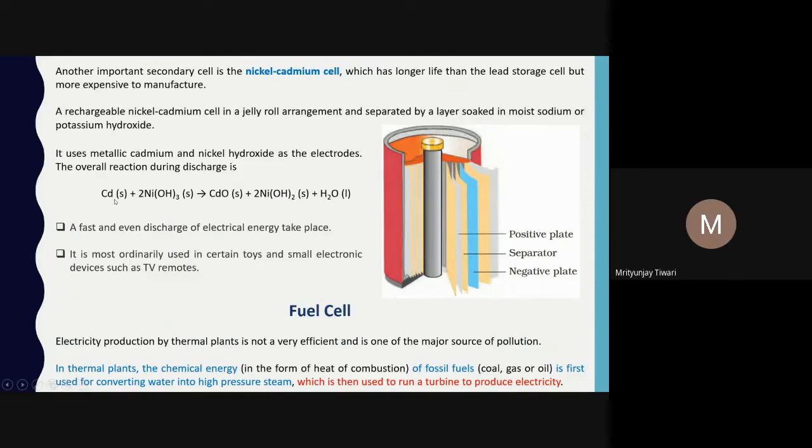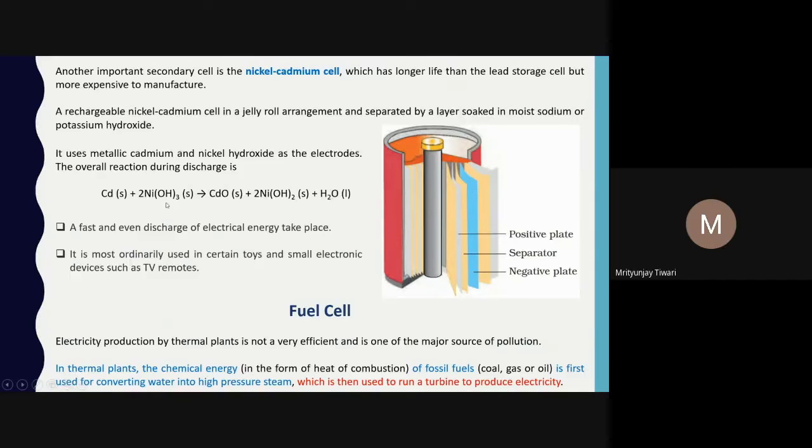And the cadmium here is in the form of solid metal, in 0 oxidation state. So the cadmium becomes cadmium oxide. Cadmium is oxidized, which means cadmium is used here as the anode.